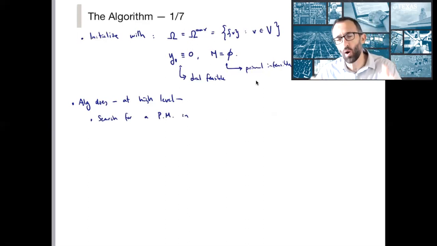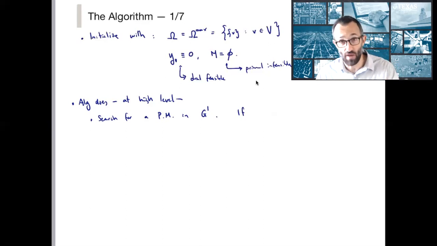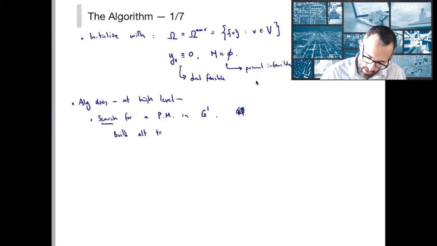That's the graph GY with all the maximal elements of omega contracted. What happens when we search for it using Edmonds' algorithm? So specifically, what does it mean to search for a perfect matching? We build alternating trees.